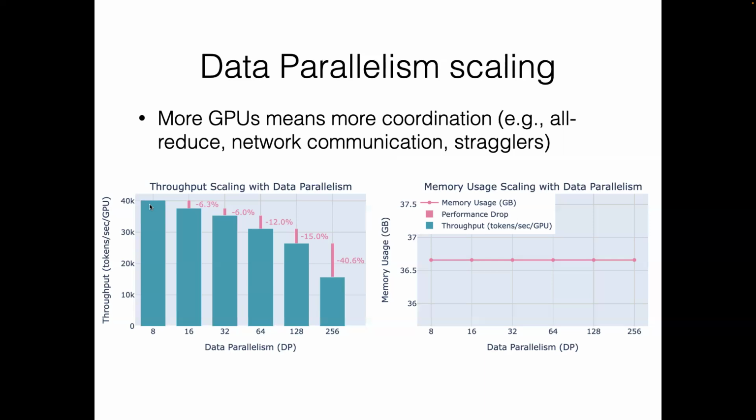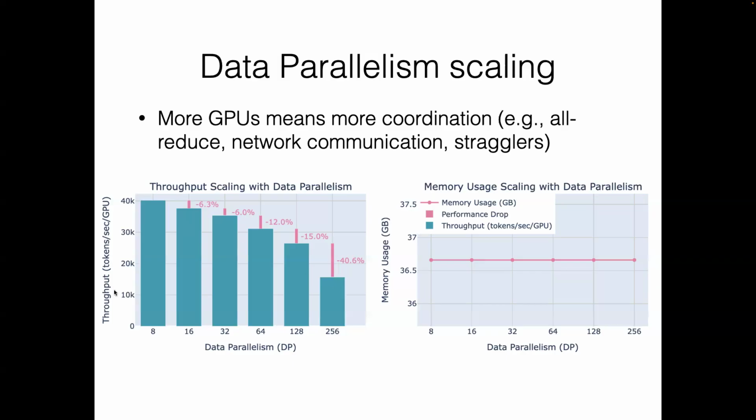So you have to be aware of that. And so what happens is that with data parallelism, since you have these larger and larger all reduces, there's actually kind of diminishing returns with the scaling.